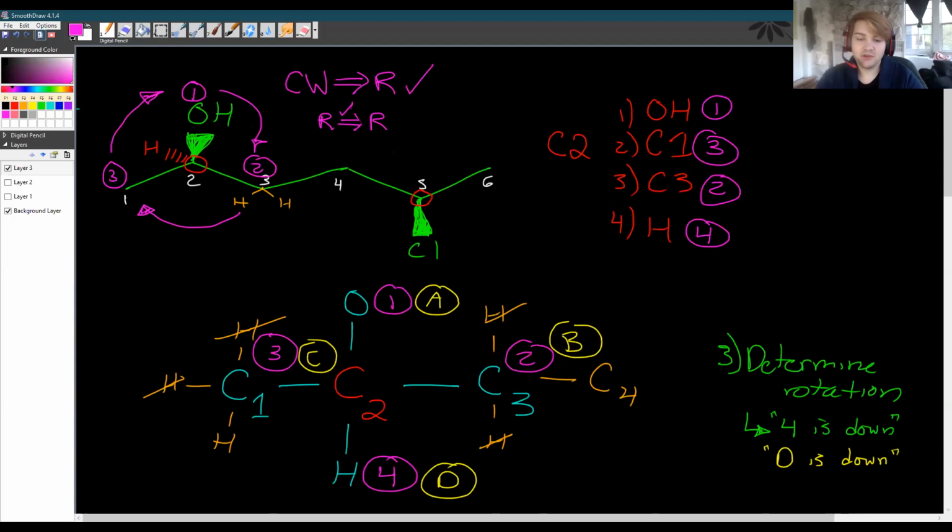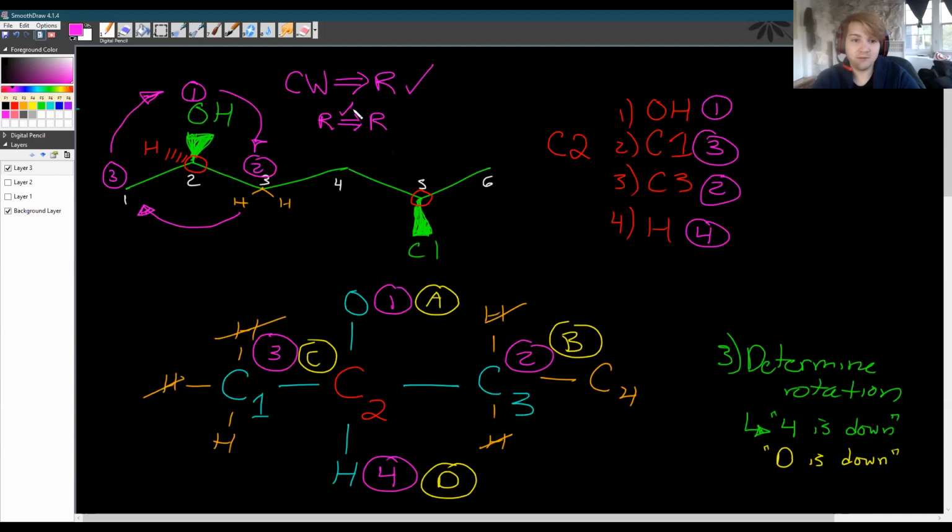Let's go through this and talk about it one more time. We found the chirality. We checked to make sure that it was chiral by checking all the groups. Then we determined the ranking of the four groups. We determined the rotation. We said that it's clockwise, and clockwise means R. And what we checked is we made sure that group four was on the dash.